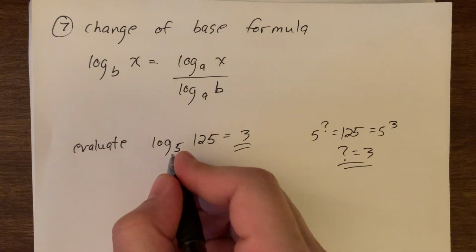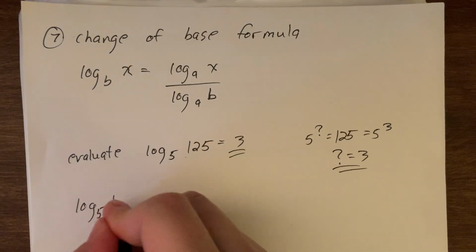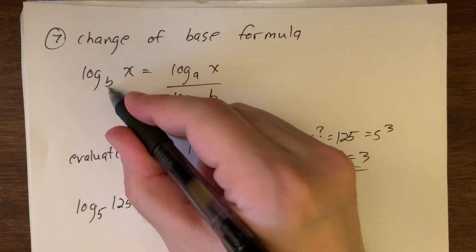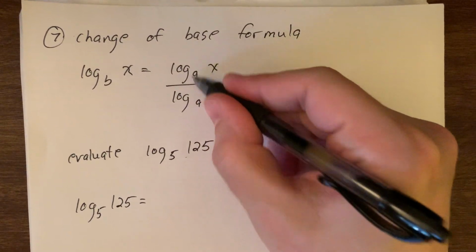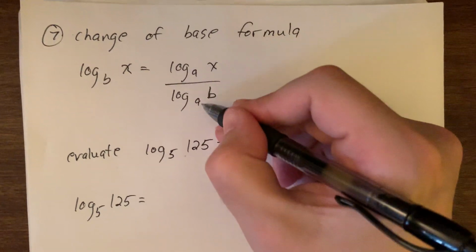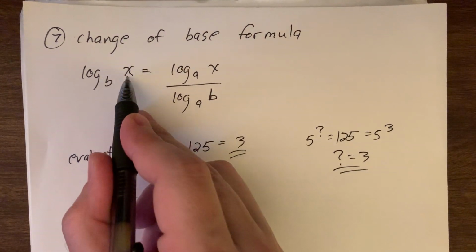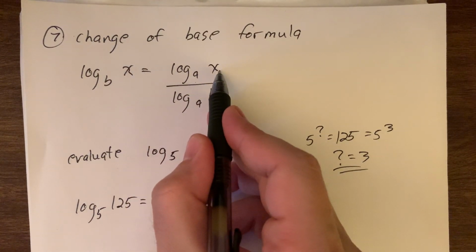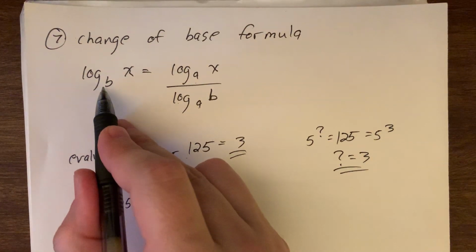If I wanted to make this common log, log base 5 of 125, look what happens here. The old base goes down here inside the logarithm, and the new base comes up in both new logarithms. So this literally, the log old base of whatever's inside equals the log of the new base of whatever was inside divided by the log of the new base of the old base.